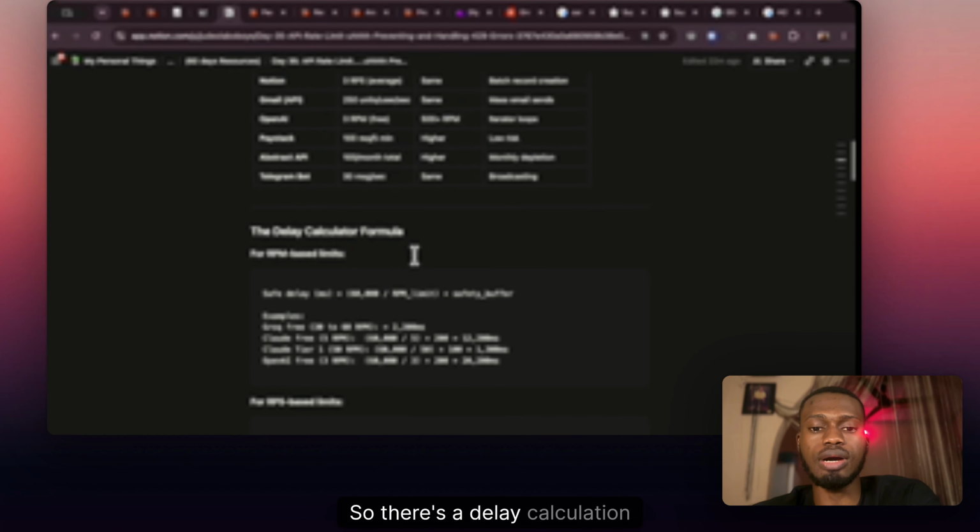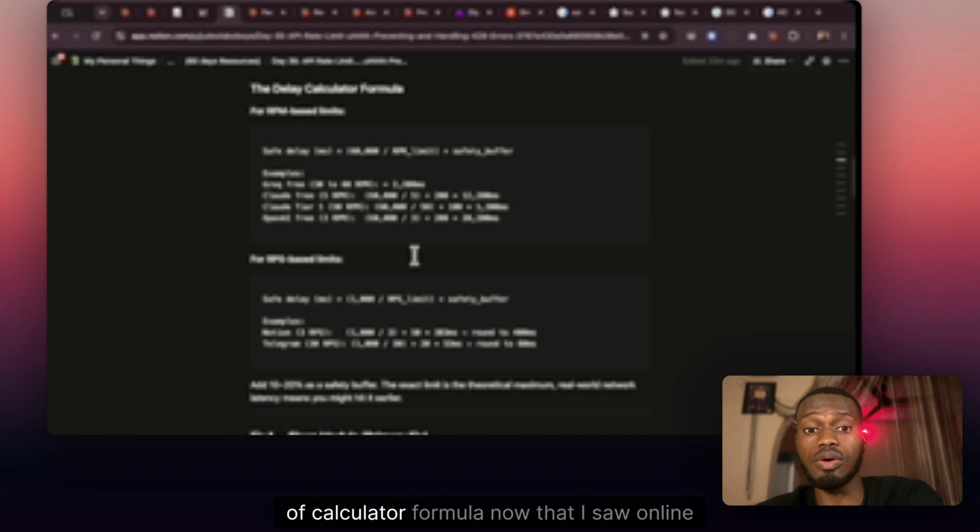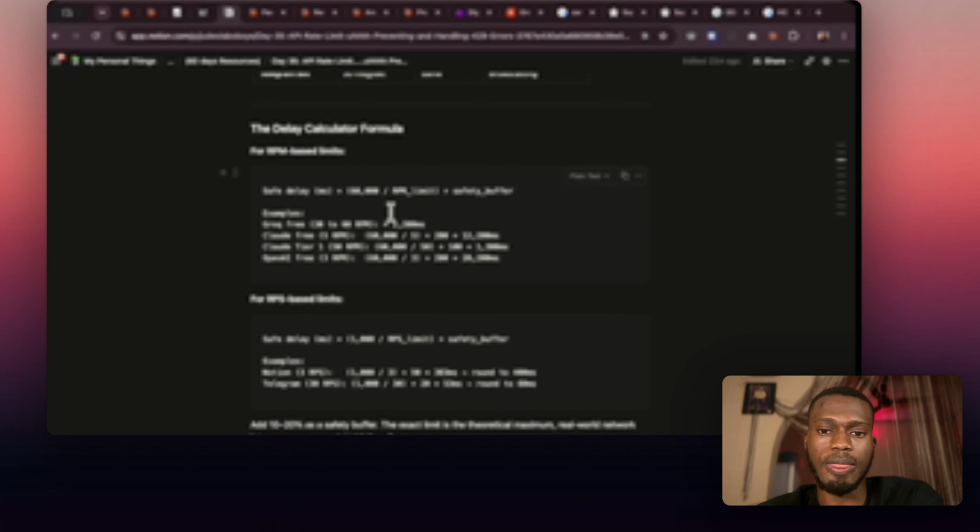So there's a delay calculator formula that I saw online, and I felt I could add it. So I saw it here. Let me cancel this out. I saw this here, and I decided to add it and do a couple of calculations there.